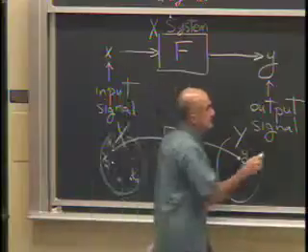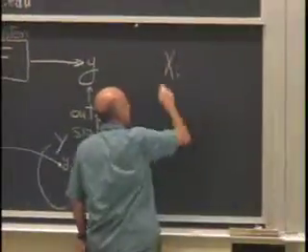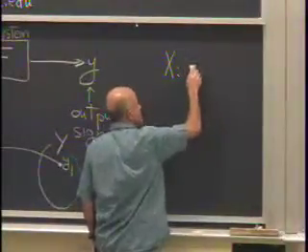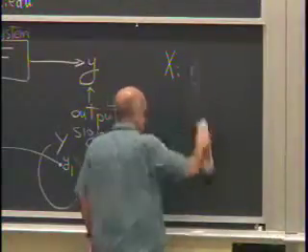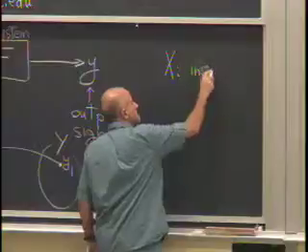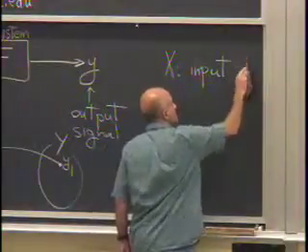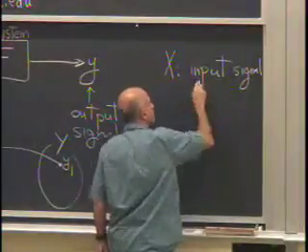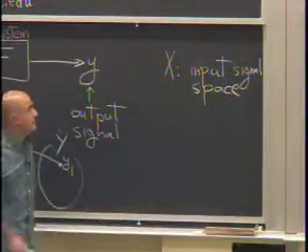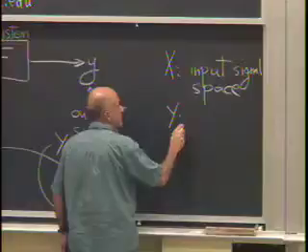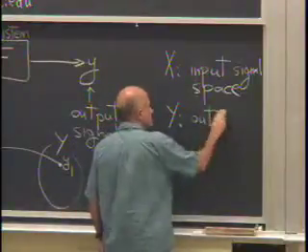So let's write some definitions here. X capital is the space of input signals, or input signal space, or input signal set. And Y is the output signal space.